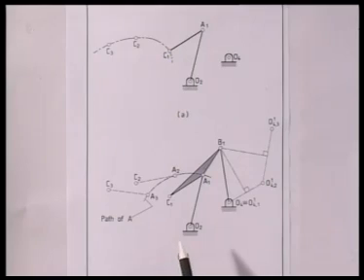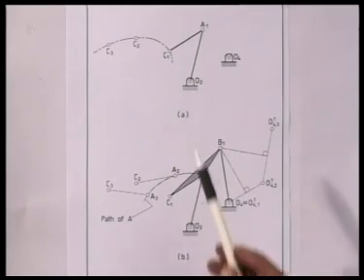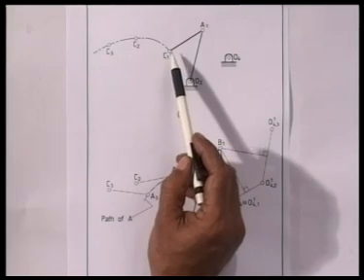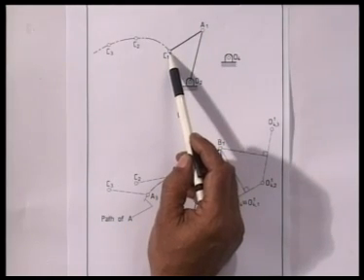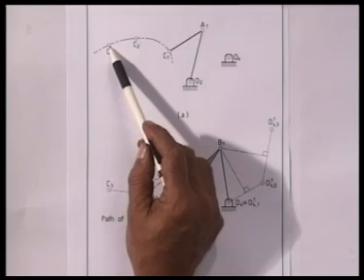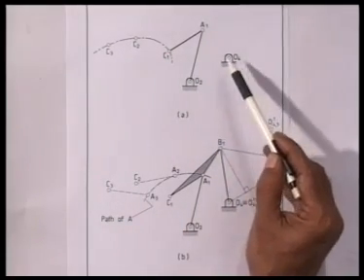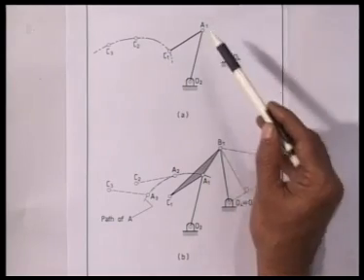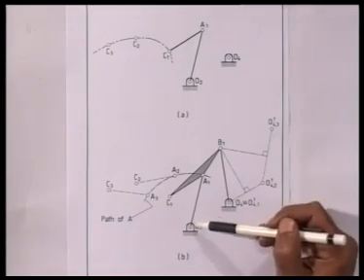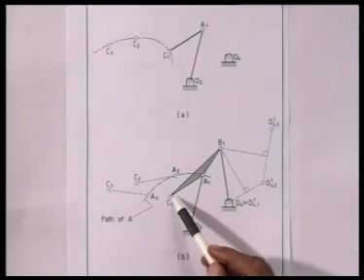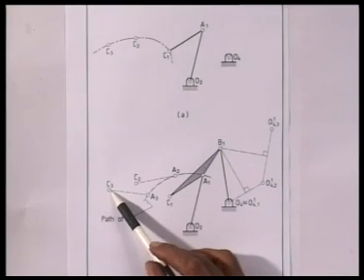Let me now recapitulate the path generation problem for 3 position synthesis. What we did, that the coupler point C has to pass through 3 locations, namely C1, C2, C3. To solve this problem, we chose O2 and O4 and A1 arbitrarily, with C1, C2, C3 given to us.